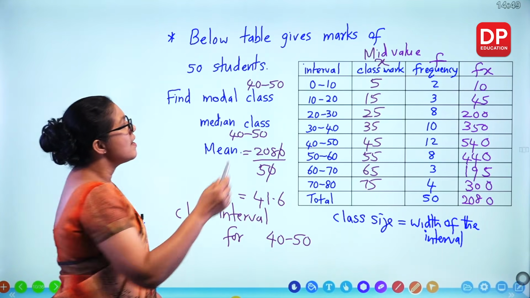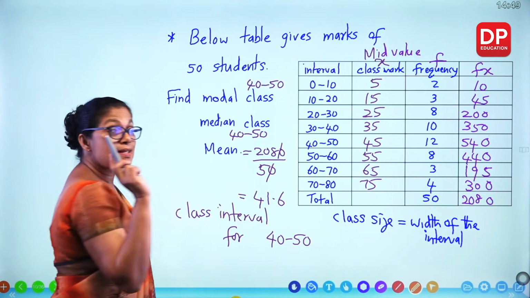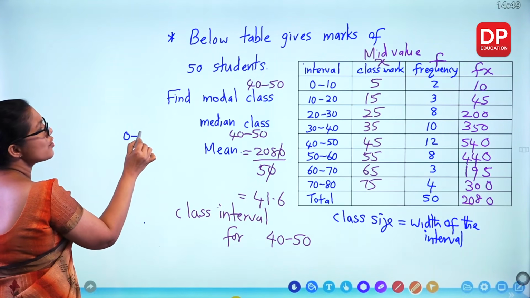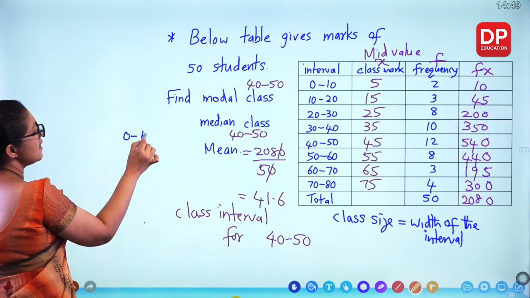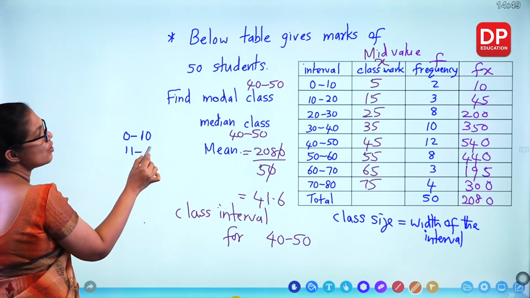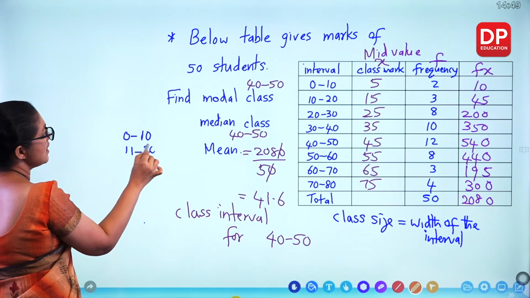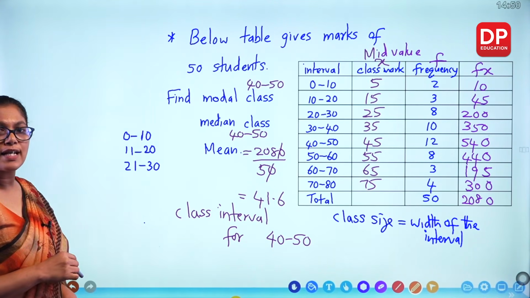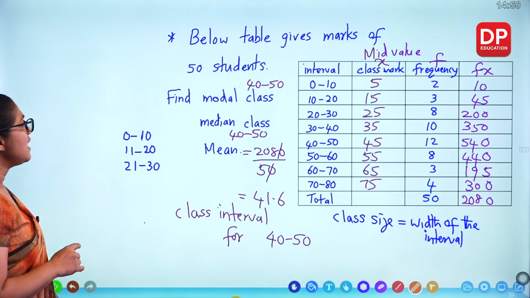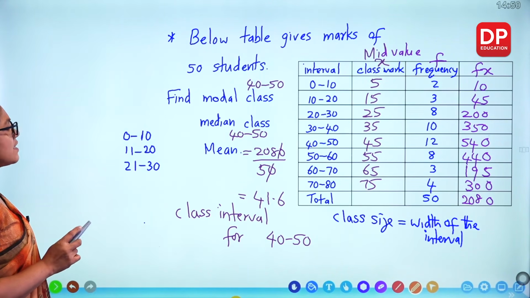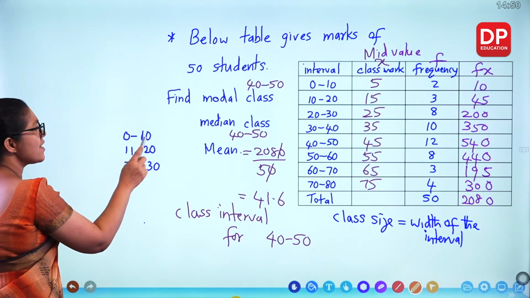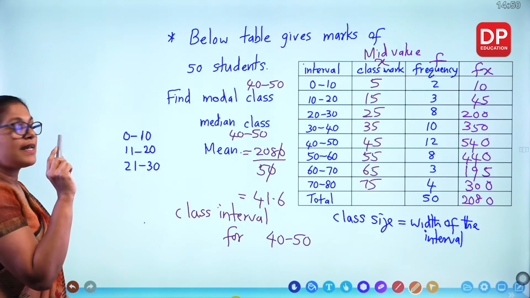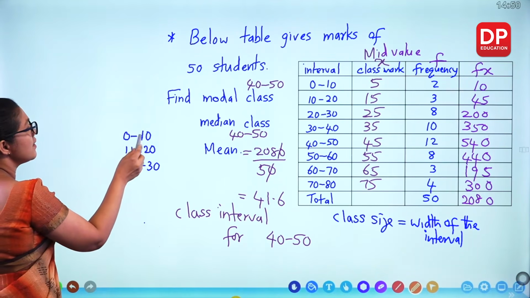If I give it with class limits, for example, 0 to 10, 11 to 20, 21 to 30, how can we find out the class size? You need to add 1 to that. Take the difference, 10 minus 0 and add 1.